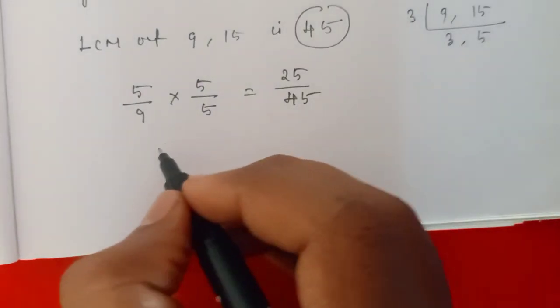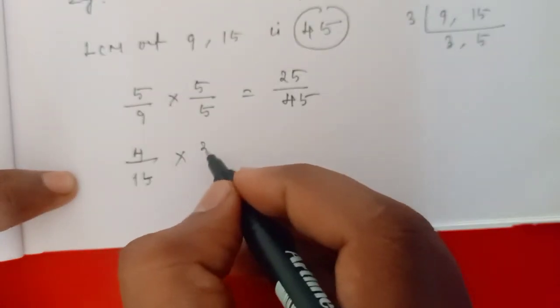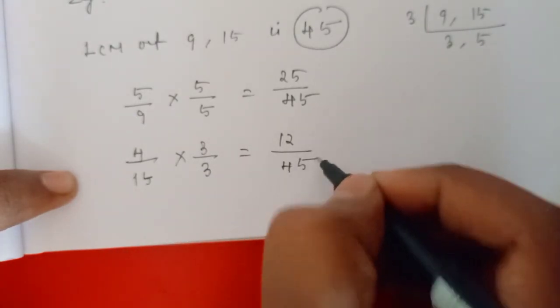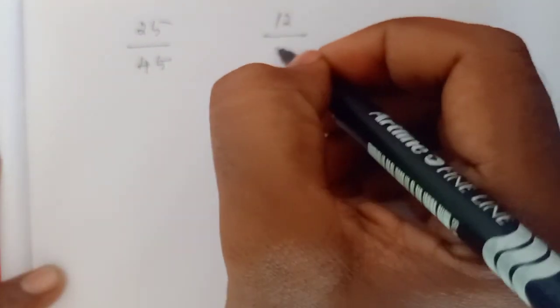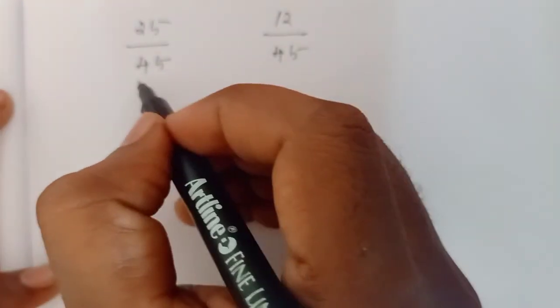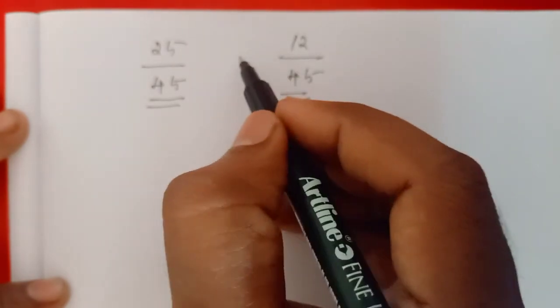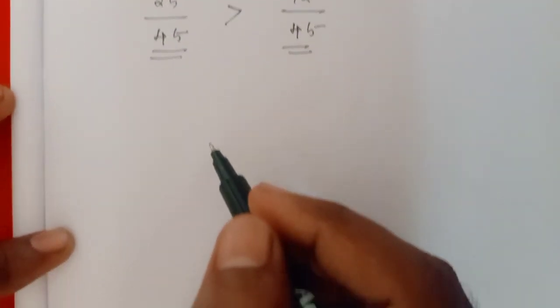The second number is 4 by 15; I multiply by 3, so 12 by 45. Now I compare 25 by 45 and 12 by 45. Denominators are equal, so we compare the numerators. 25 is greater, so 25 by 45 is the greater number.